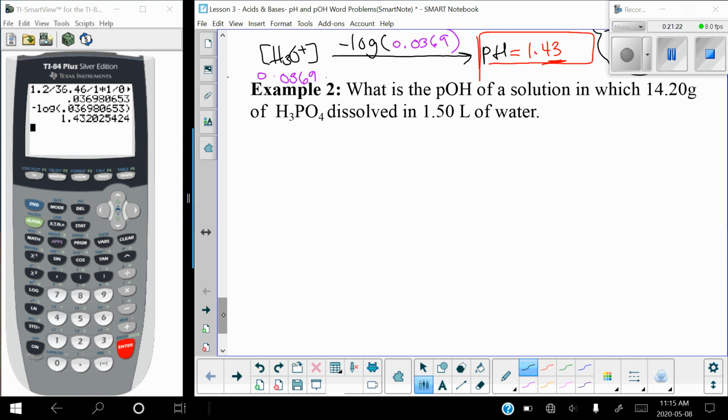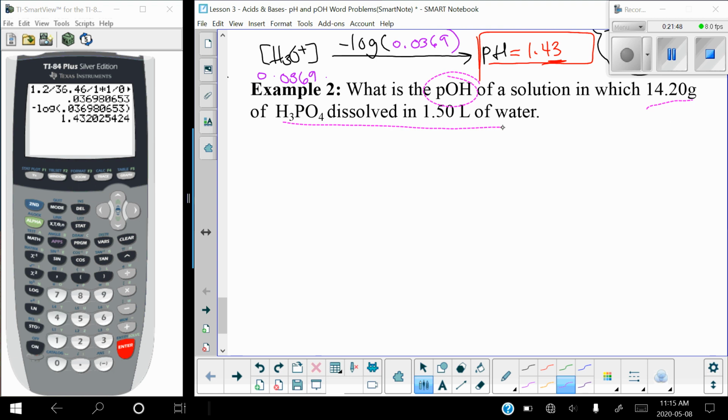What is the pOH of a solution in which 14.20 grams of phosphoric acid is dissolved in 1.5 liters of water? Okay, we are given a mass and we are looking for pOH of an acid that is dissolved in 1.50 liters of water.